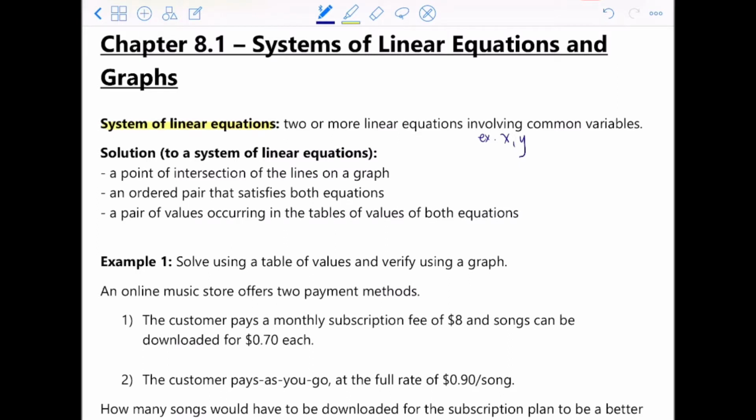And the solution to a system of linear equations is essentially when we're looking for a point of intersection of those lines, or an ordered pair, which is a different term to use for coordinate, a pair of values, same thing. So essentially what they're saying here is finding coordinates that these equations, when graphed, intersect.